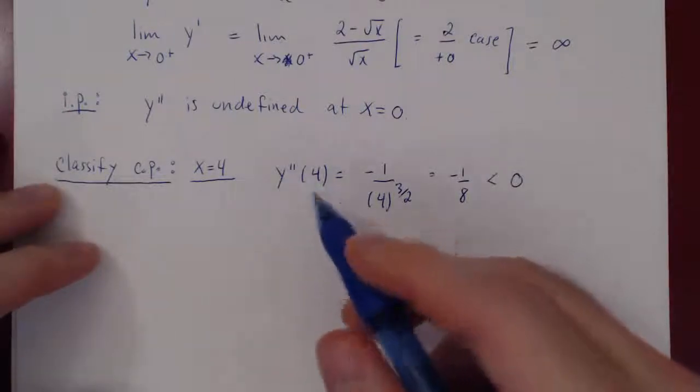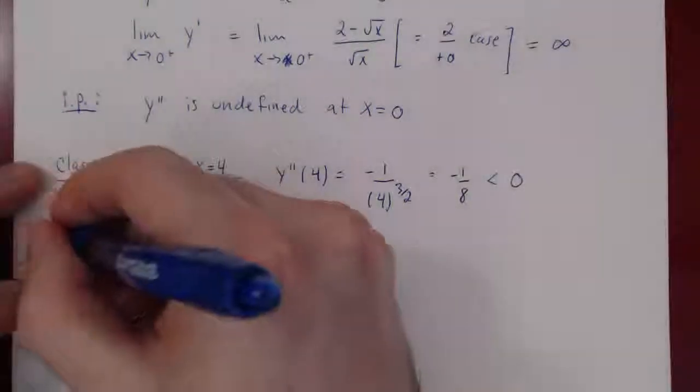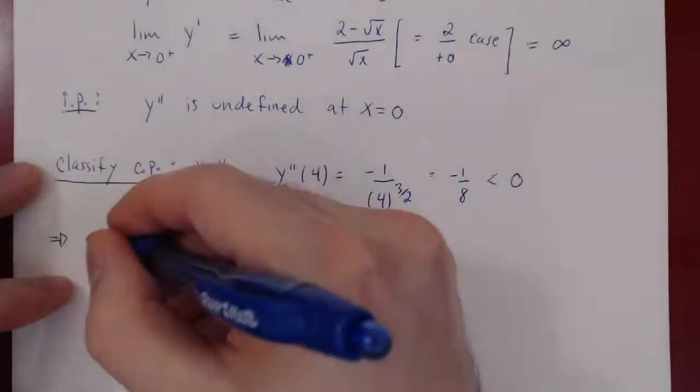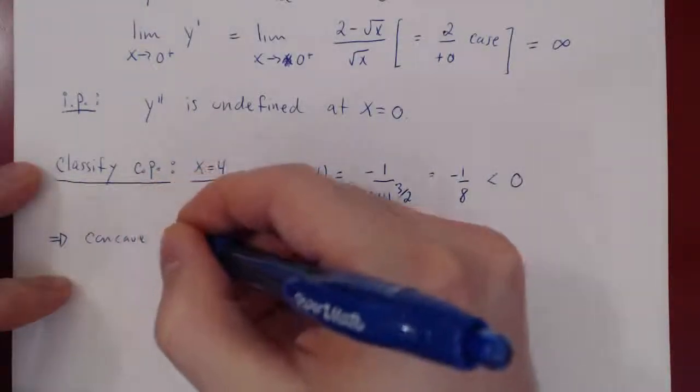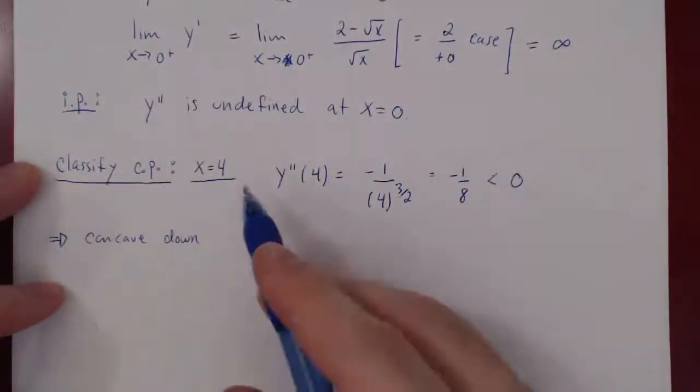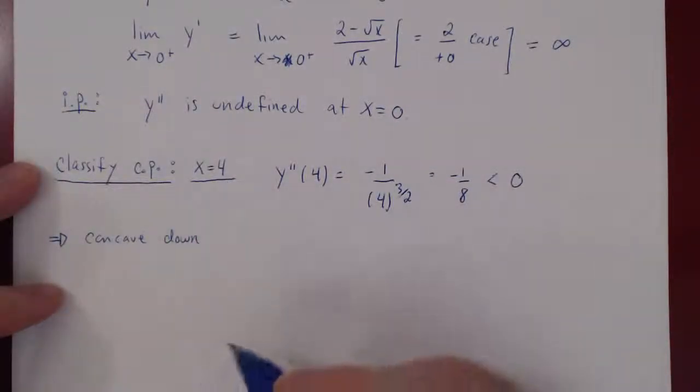Because the second derivative at 4 is negative, the curve will be concave down. And so the curve is flat at x equals 4, concave down. So what we have will be a local maximum.